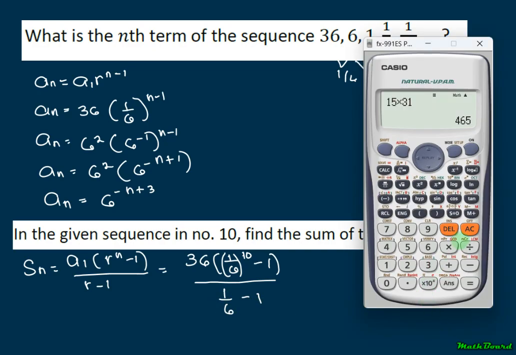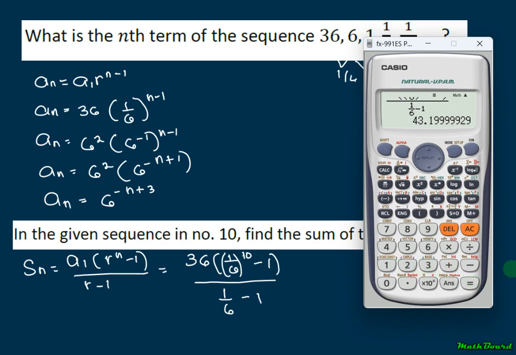We can just use our calculator. So that is 36 times 1 over 6 raised to 10, then minus 1, all over 1 over 6 minus 1.